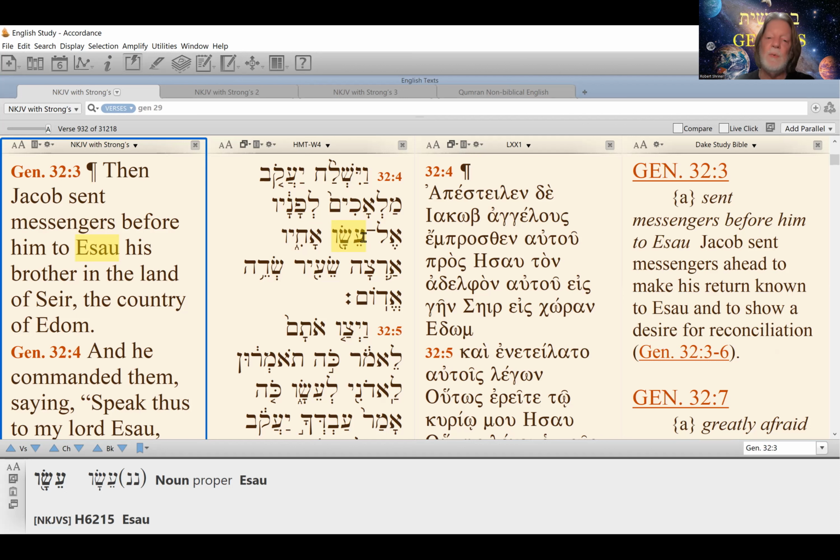Now, it's not a big deal with Esau's name because we don't really know. How do I want to say this? He's not that significant in the Bible. He's kind of a lower caste member. But there's also a Vav in the sacred name of God. And so most of the scholars would pronounce his name Yahweh with a W sound. But I believe that the modern day Jews are right and that they have preserved the proper pronunciation of the Vav.